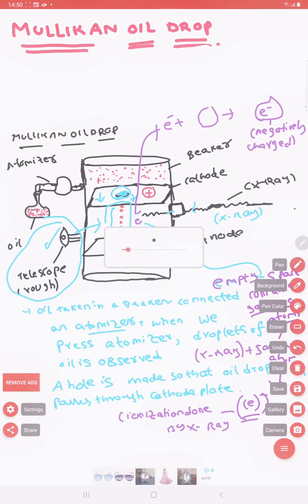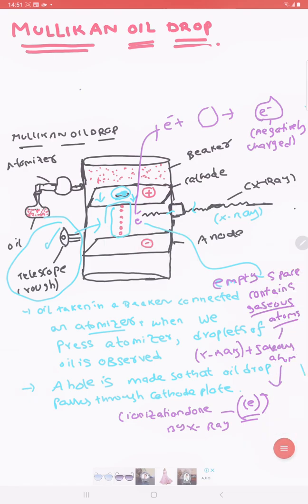Now I have considered this is a positive plate and this is a negative plate, and this is the velocity or acceleration or the direction of motion of the oil drop.